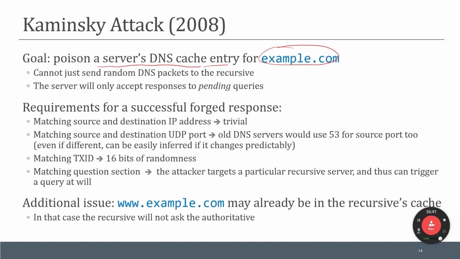But if you really think about this carefully, the requirements for a successful response are not that difficult, but slightly trivial. Let's say, what is the probability of matching source and destination IP address? It's easy.